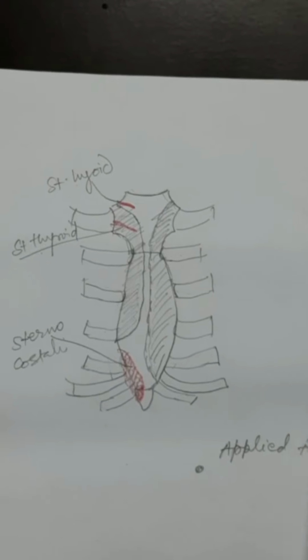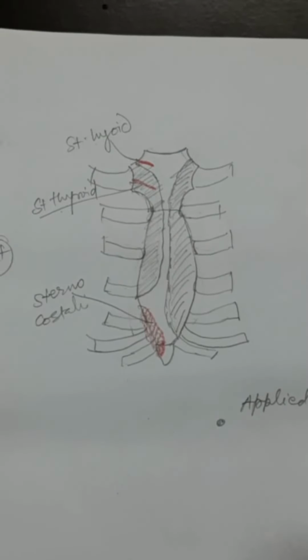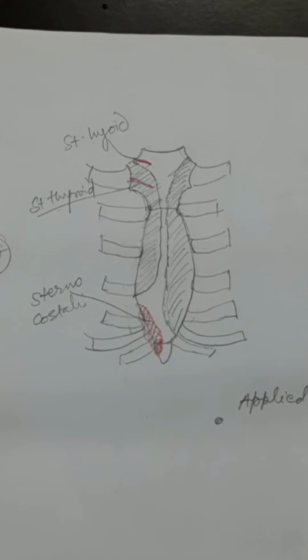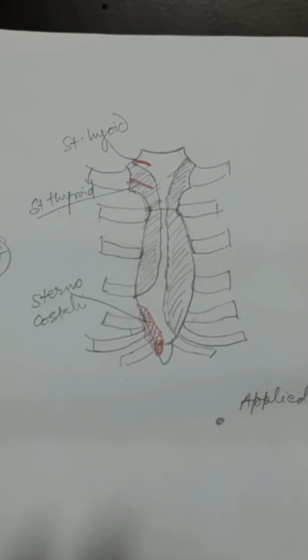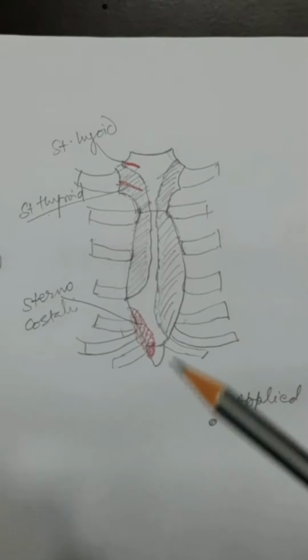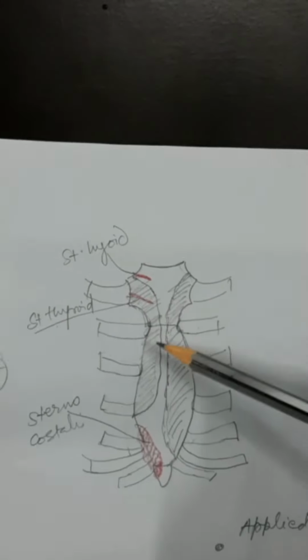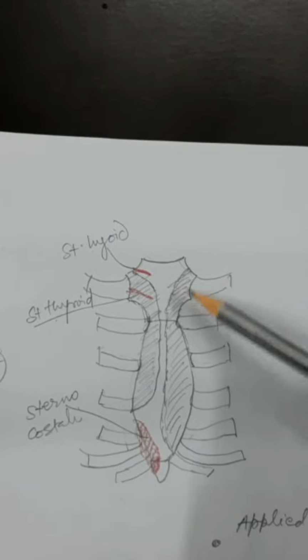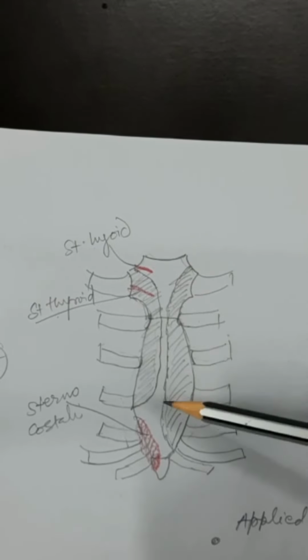And since I have told you in the beginning that the sternum develops by the fusion of 2 plates, right and left plates, sometimes the right and left plates of the sternum don't fuse completely with each other, and there remains a gap.